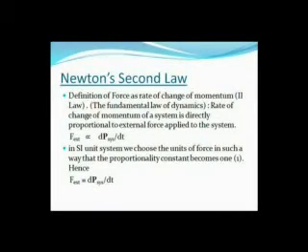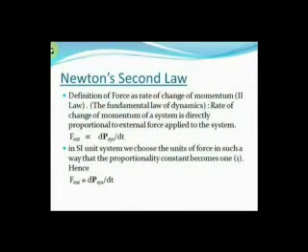So according to this law, the rate of change of momentum of a system is directly proportional to the external forces applied to the system. So here, as you can see, F external, that is the external forces applied to the system, is directly proportional to the rate of change of momentum, that is dP system by dt.